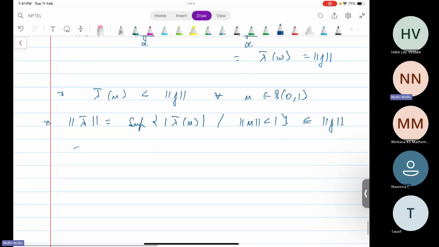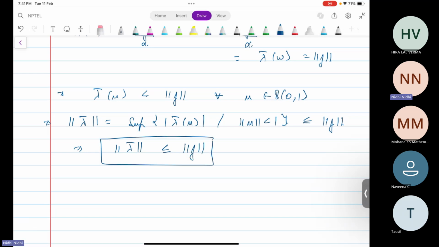So this implies lambda bar norm is less than or equal to norm f. As I said, we will be showing that this lambda bar is actually the required extension. We'll be showing that lambda bar restricted to W is equal to f, and the other side of the inequality as well, that means norm of lambda bar is greater than or equal to norm f. And in that case, we will be done.